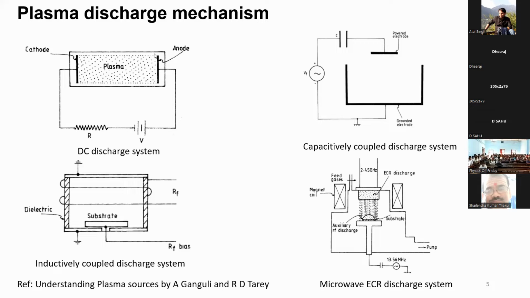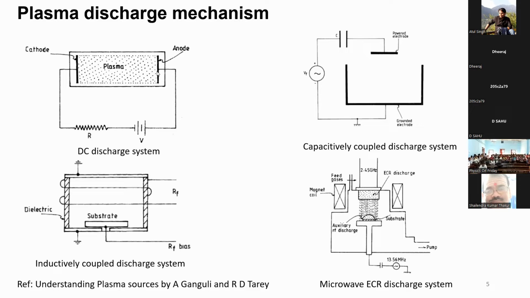If you apply a high voltage and there are some stray electrons, because of the high electric field a current starts passing through, and the electrons get energized first. After gaining high energy they collide with the neutrals and therefore produce more electrons, and this is how the discharge takes place.